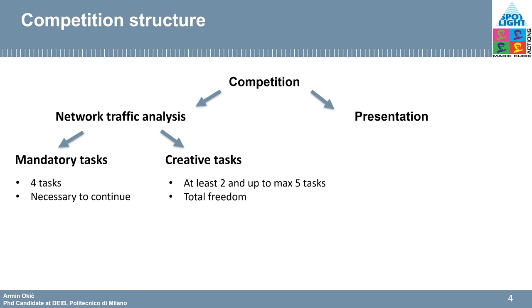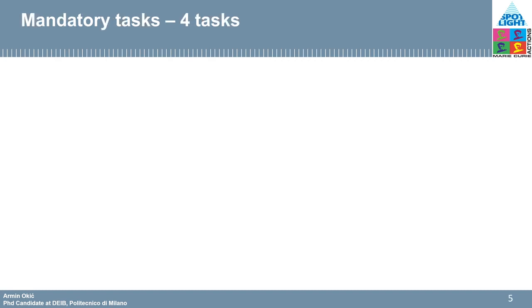So you have total freedom in which statistics you will use. And as I said, the final step of the competition is to present your work, and this phase can be reached only by those groups who finish the 2 previous phases successfully. So let's go into more detail about these phases.